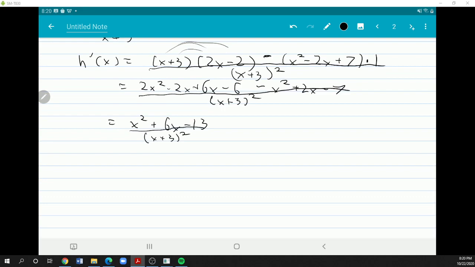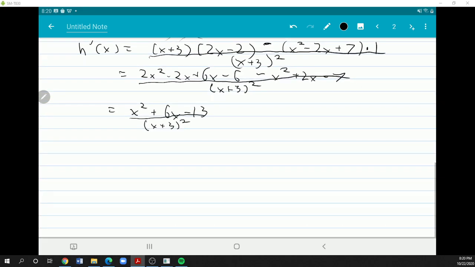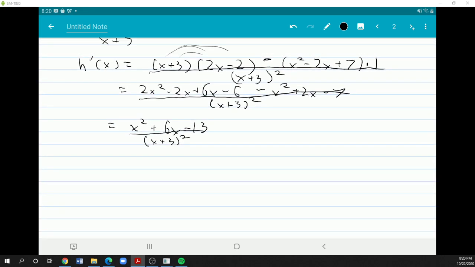So same idea. We're going to go ahead and check for zeros. So either the denominator is equal to 0, in which case x is equal to minus 3. Is that in my interval? It is not. Or x squared plus 6x minus 13 is equal to 0.